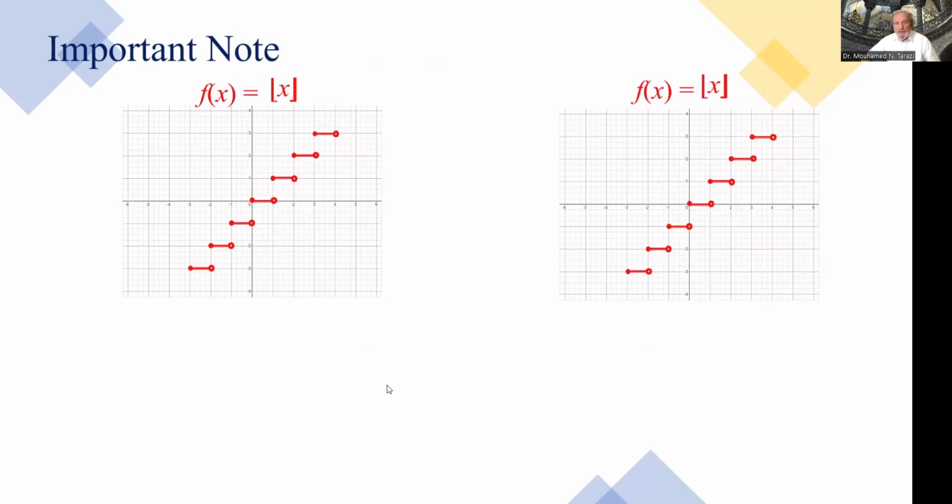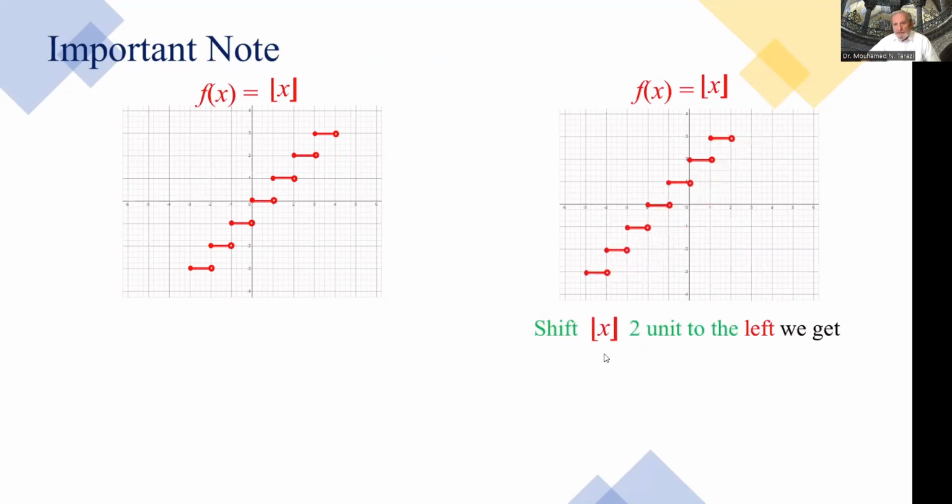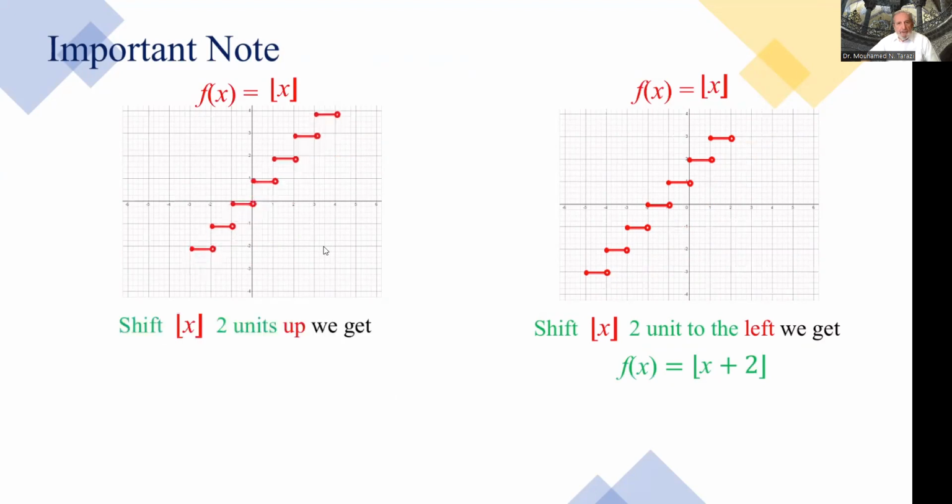Now, again, let's see what happens in shifting in the other direction. If I shift the floor function of x 2 units to the left, what do we get? We get this. Now, if I take this and shift it up 2 units, I get the same thing. These are the same function again, okay?